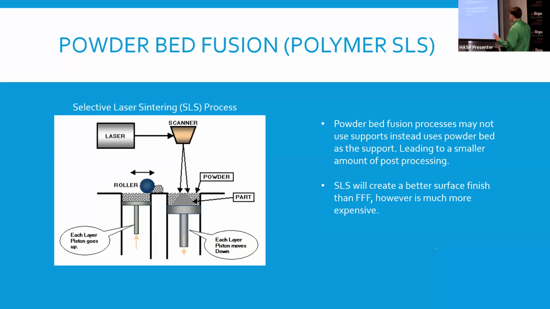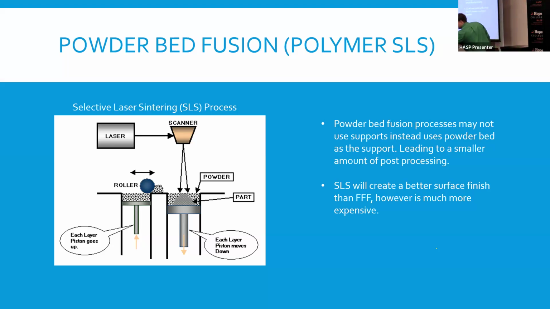With the polymer version, the powder bed fusion process may not use supports, and instead uses the powder bed as the support, leading to smaller amounts of post-processing. So generally in DED and powder bed, you're not going to have the amount of supports that you would in other 3D printing. If I pass this part around, this is an FDM part or FFF part.